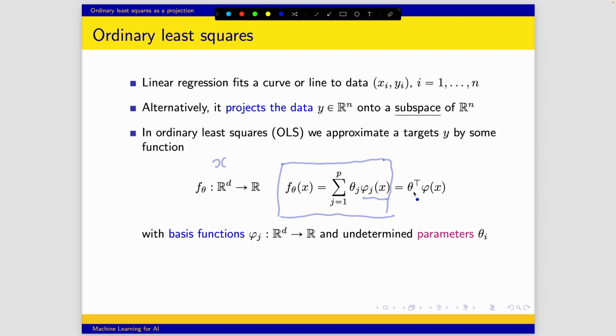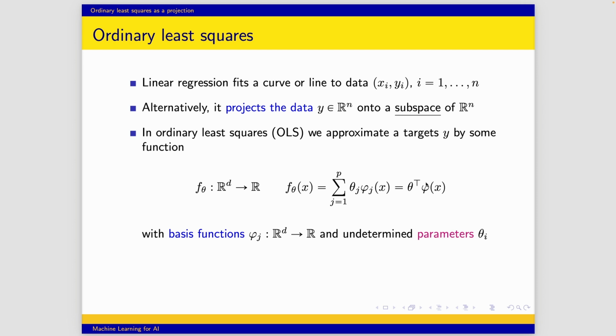And we can write this compactly by defining the vector of these theta j's. So we can define theta as the vector theta 1 down to theta p. And similarly, we define a vector of these psi j's as psi equals psi 1 down to psi p, right? And then we take the dot product of this with this and we reproduce this sum. So this is just a compact way of writing it.